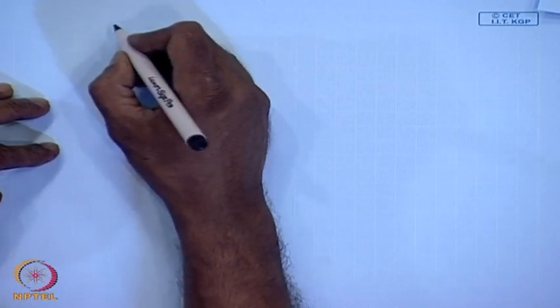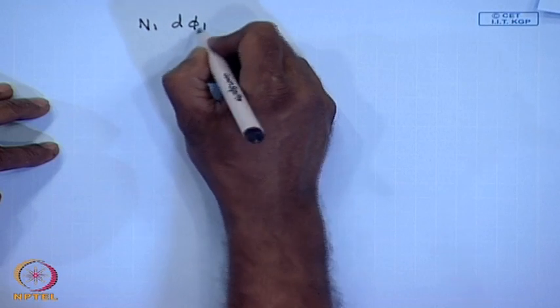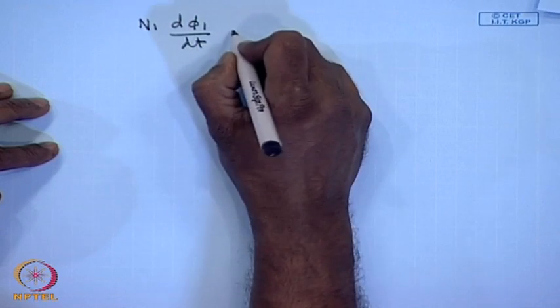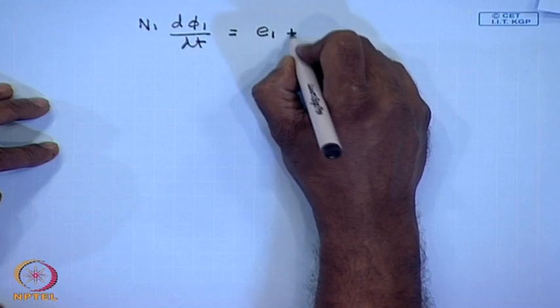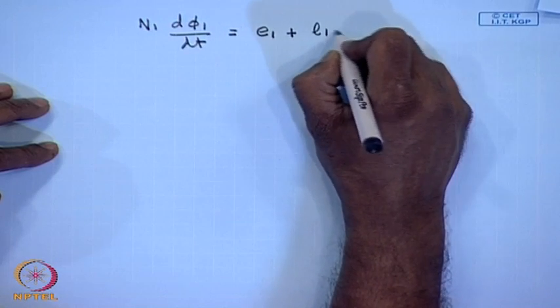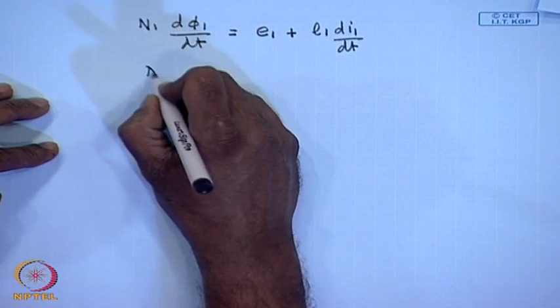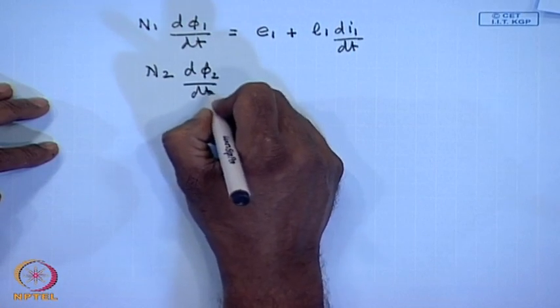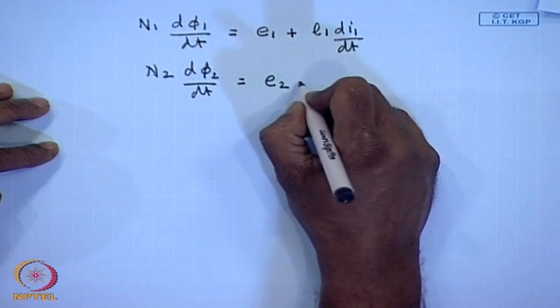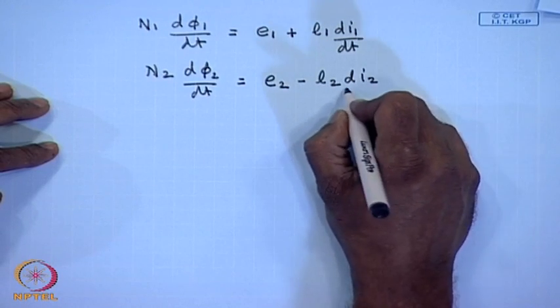Therefore, N1 d phi 1 dt equal to E1 plus L1 dI1 dt and N2 d phi 2 dt equal to E2 minus L2 dI2 dt.